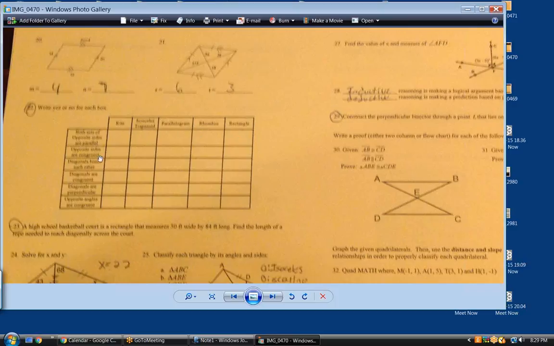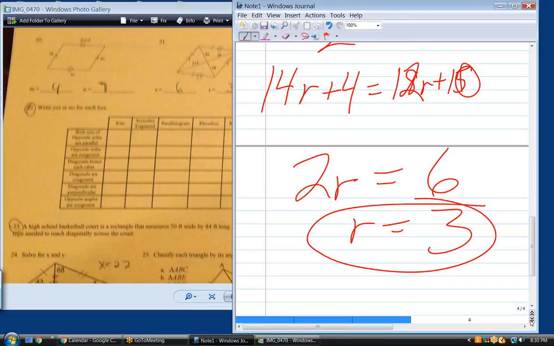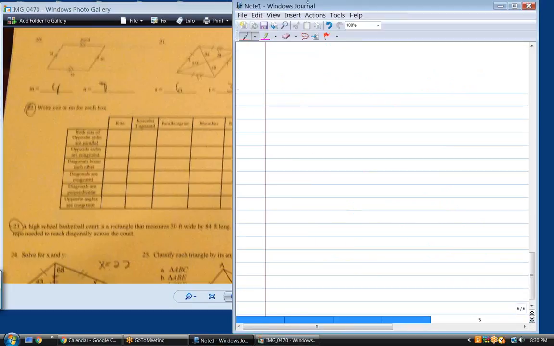Okay. Let's go to this one. Opposite sides are congruent. Is that true for a kite? No. They want a yes or no in each box. So we got a no there. How about here? I'll point and you tell me yes or no. Would that be yes? Well, let's draw a trapezoid.